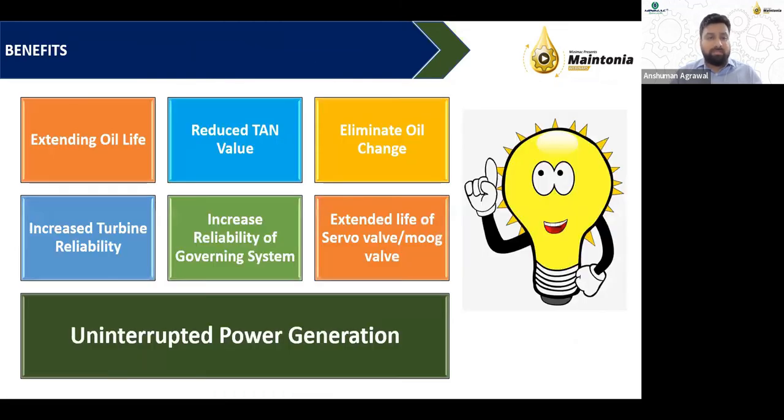So with this, the benefits would be extending of oil life, reduction in TAN values, increased reliability of governing systems, eliminating any oil changes, and extending the life of your servo valves. Quite a good system, a quite good solution.